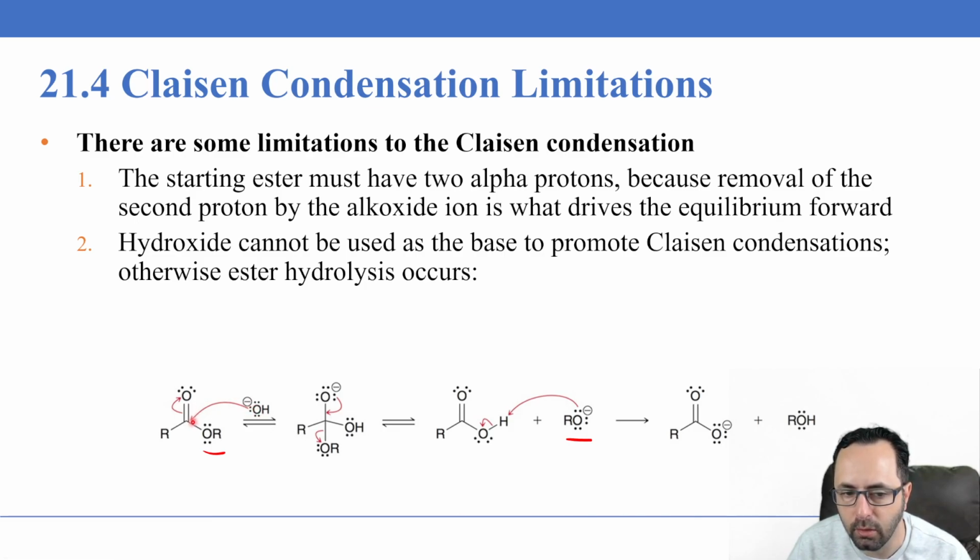If the hydroxide does a nucleophilic attack, we'll end up replacing the OR group with the OH group. Then we'll have the deprotonation of that, and as we've seen before in carboxylic acid reactions, we'll end up with this carboxylate ion instead.